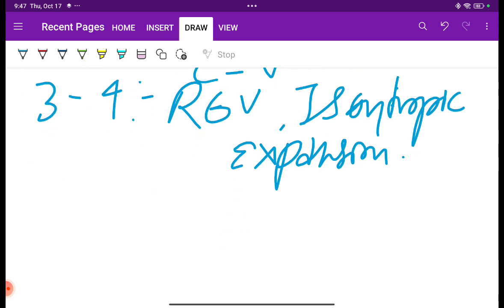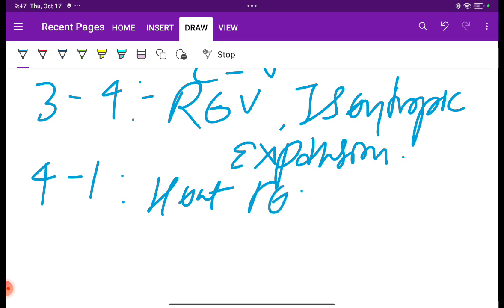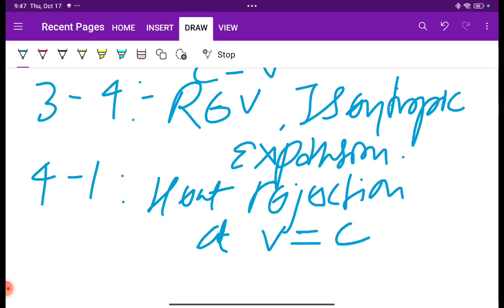Then from 4 to 1, this is heat rejection at volume equals to constant.